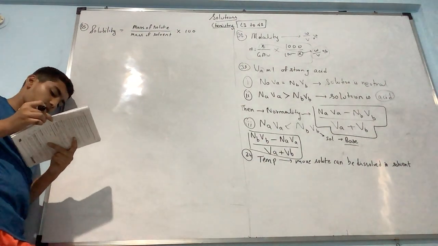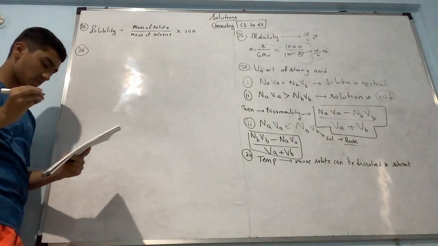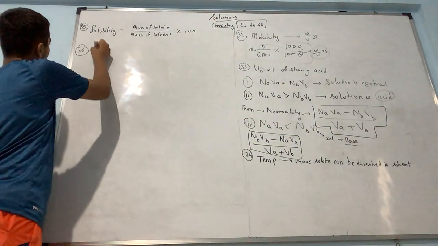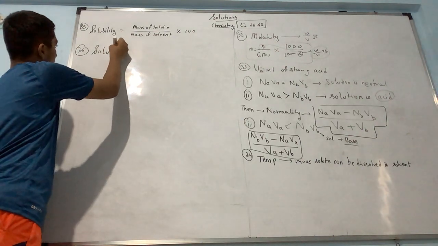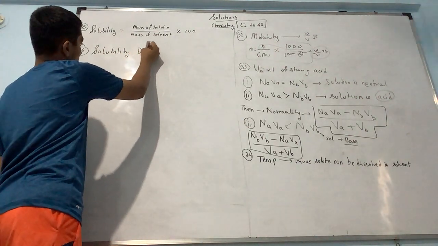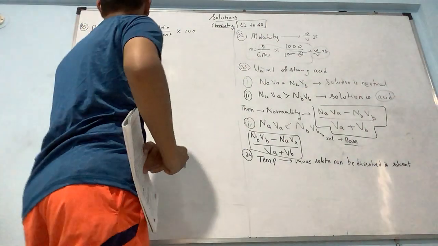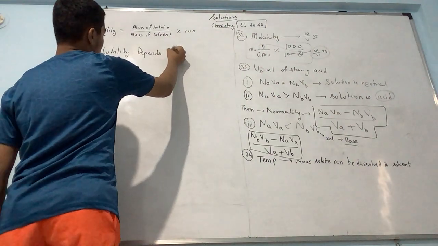Then we have the 36th point. Now we want to see solubility. This is the start of the topic of solubility. You have to see what factors solubility depends upon.